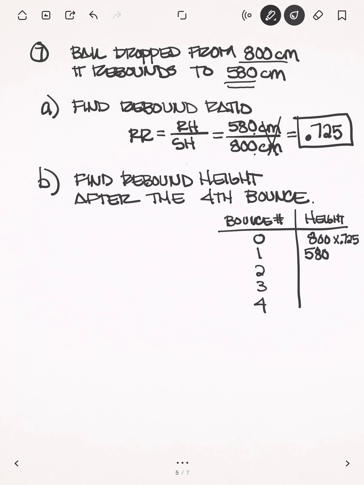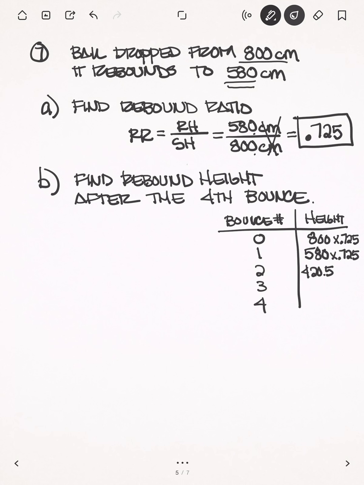Now we want to find out when it bounces again, what happens after the second bounce. So I'm going to multiply by 0.725 again, and I get 420.5. And I think that one actually doesn't have a decimal that continues, so I just wrote down exactly what it has.